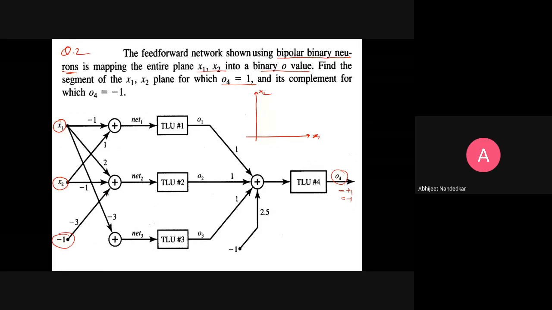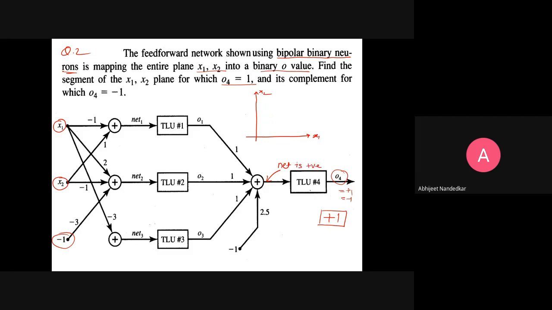Now to solve this problem, we can observe from the last end. We are expecting that this should be +1. Okay, I want this to be +1. Then when can this happen? This can happen only when the net value here is positive.